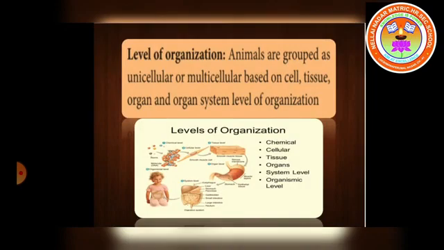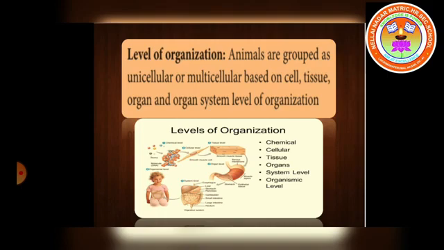Levels of organization. Animals are grouped as unicellular or multicellular organisms based on cell, tissue, organ and organ system level of organization. That is, a complete organism is formed from the basic cellular level.